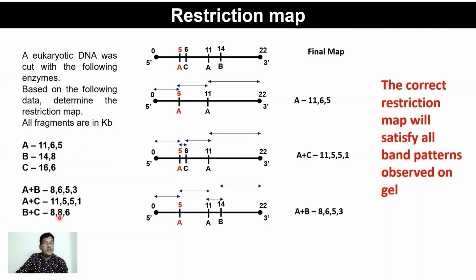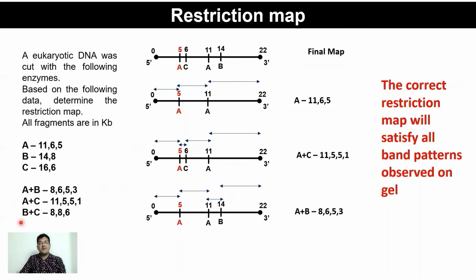And the B plus C double digest. If you see here in this map, B plus C is what you're looking at. So ignore A. This is your 6 kb fragment. Then ignore A again. This is your 8 kb fragment between 14 and 6. And then between 22 and 14, it is another 8 kb fragment. So this is 8, 8, and 6, right? Now, very clearly, all the conditions are satisfied, whatever has been observed in the banding pattern.